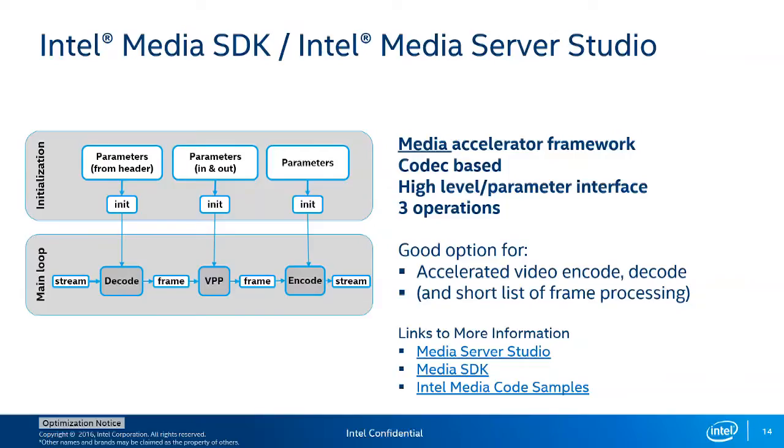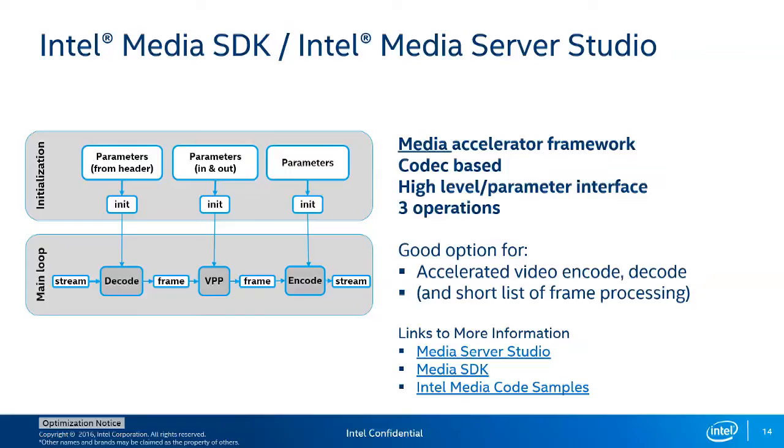So now I'll go into a little bit more detail about what you could do as a developer to start accessing all that hardware goodness. So Media SDK is a high-level framework. The programming model is that you're just providing parameters for initialization, and you're basically setting up 3 types of operations.